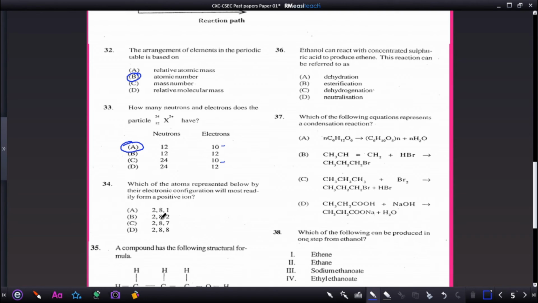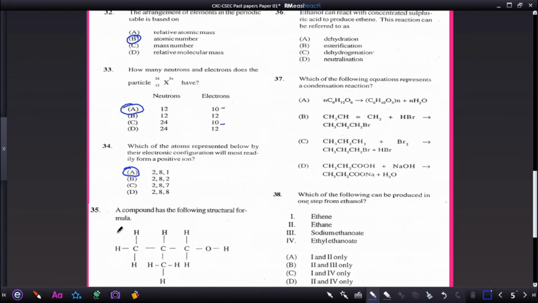Now, between A and B, which one would most readily form a positive ion? The answer is A, because there is only one electron on its outer shell and it's easier to get rid of that. As for B, there are 2 electrons, so it would first get rid of one, then get rid of the other. So A would be faster than B.